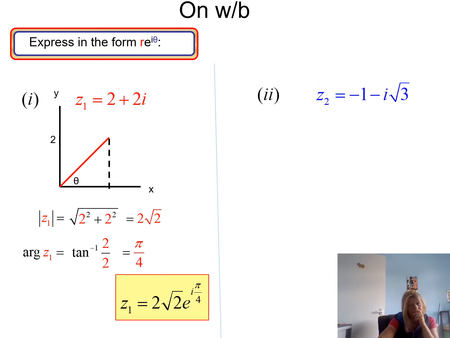Then have a go at that one. Drawing them out is important, or if you're cheating and putting them in the calculator, I can't stop you. But knowing to do it by hand is obviously very useful. When you get to uni and you're doing maths, they don't let you have some calculators, so you need to be able to do it.